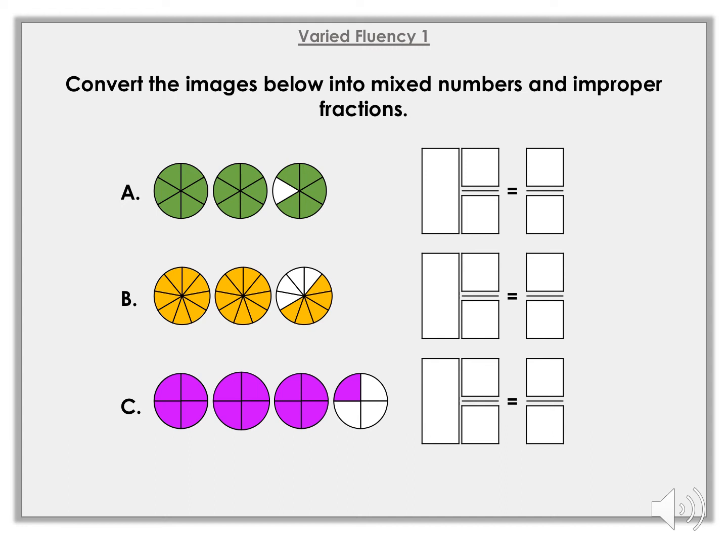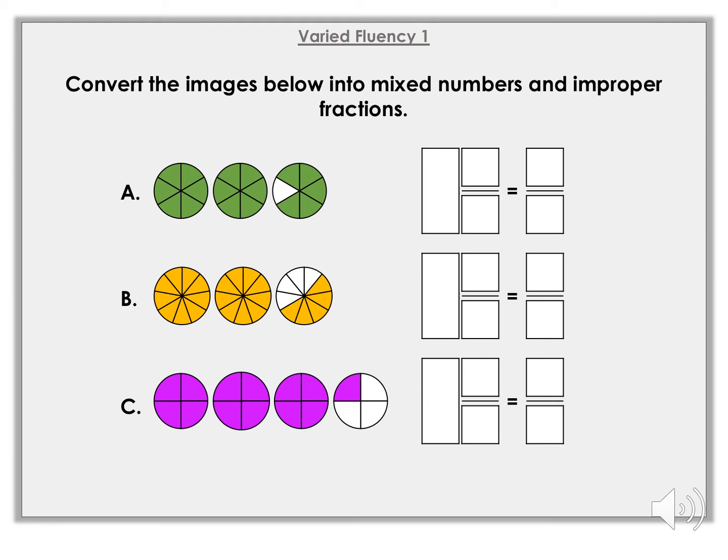How many whole circles have I got? Well, I've got 2. 2 are fully coloured, aren't they? So I've got 2 wholes. And how many left over in that third circle? 1, 2, 3, 4, 5. And we should have our denominator as 9 because it's cut into 9 pieces. So our mixed number is 2 and 5 ninths.